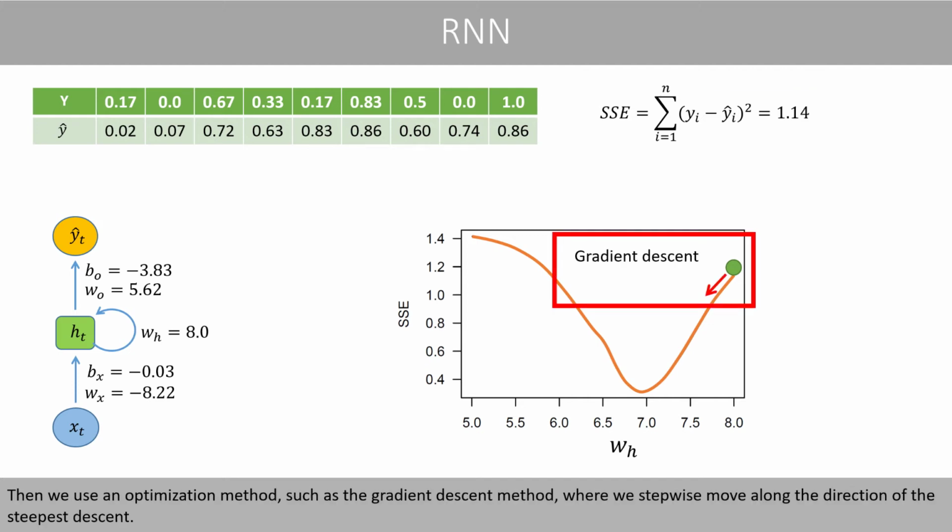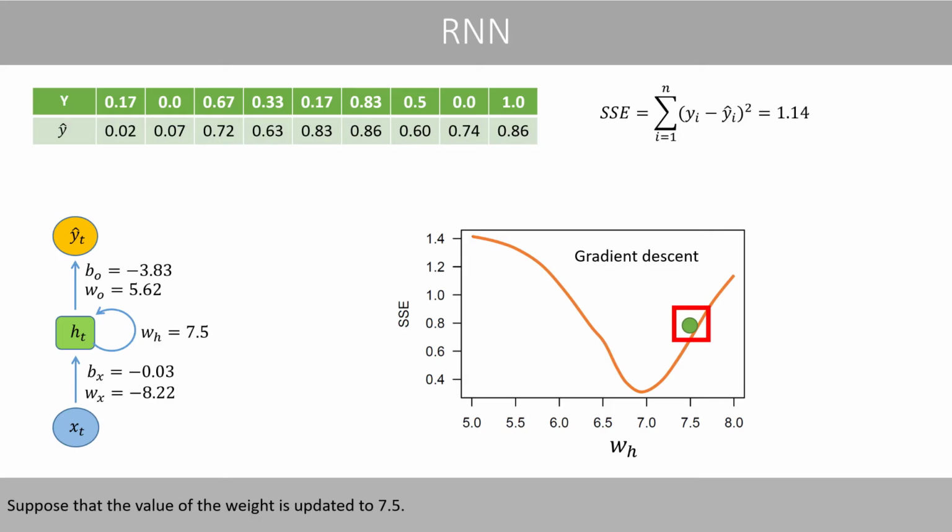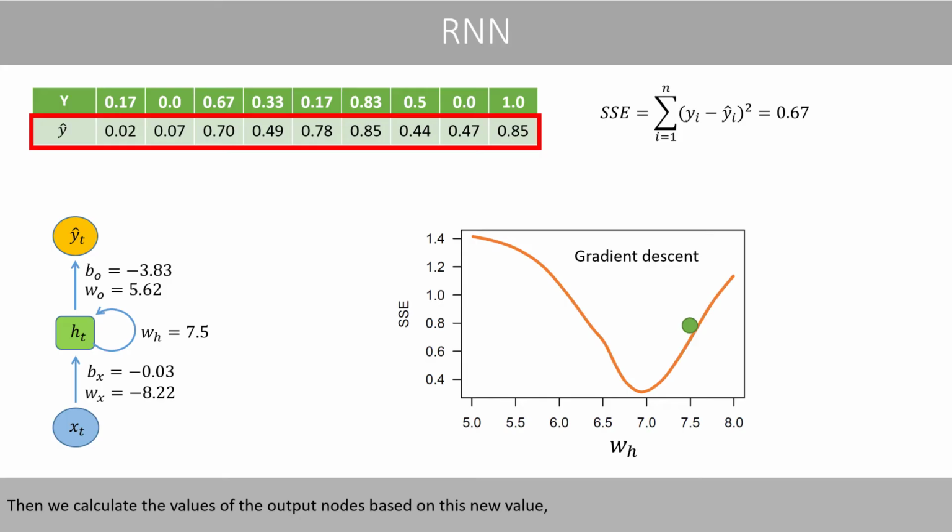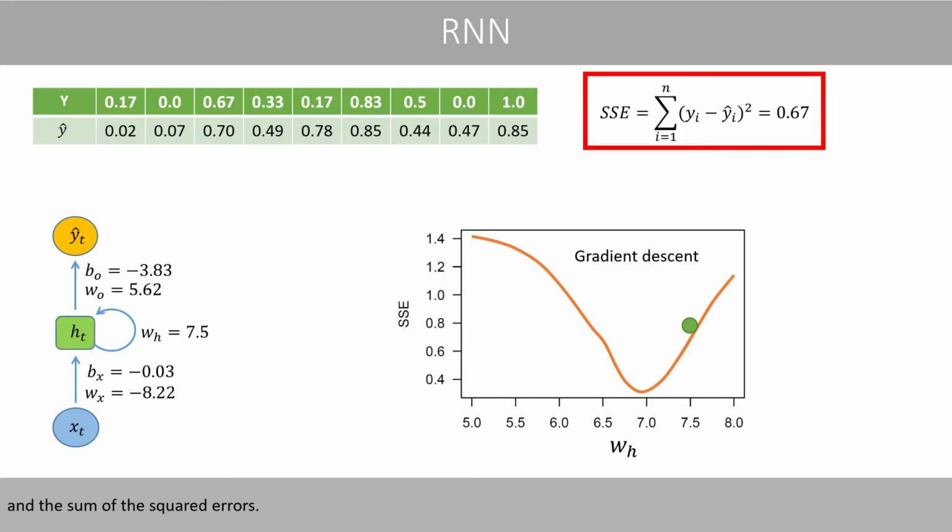Then we use an optimization method such as the gradient descent method, where we stepwise move along the direction of the steepest descent. Suppose that the value of the weight is updated to 7.5. Then we calculate the values of the output nodes based on this new value, and sum the squared errors.